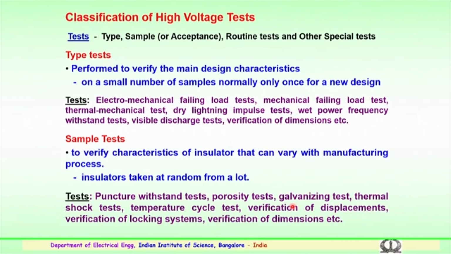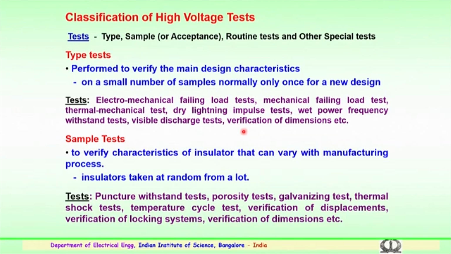So, what are the type tests which are generally done for insulation? The insulators which we are discussing have to undergo the following type tests: electromechanical test, mechanical failing load test, thermal mechanical test, dry lightning impulse, wet power frequency, visible discharge or corona test, and physical verification of damage.